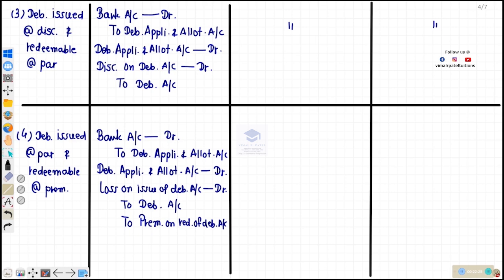Now entry at the time of payment. So here you have to debit these two amounts.